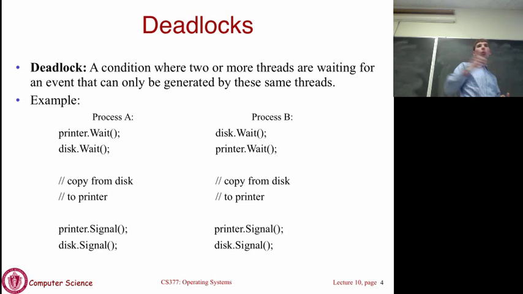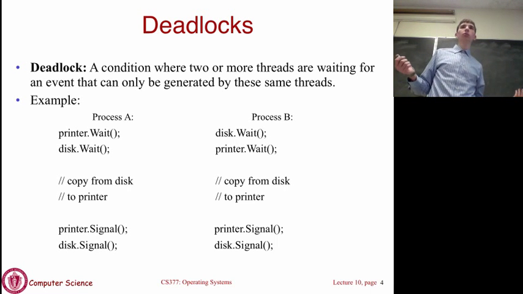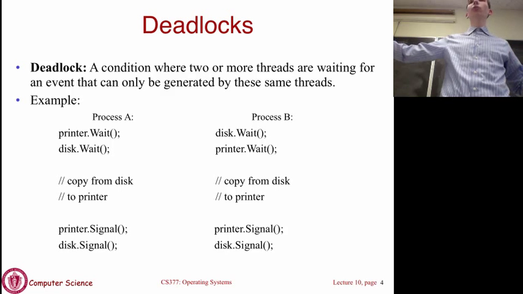So if you're always requesting resources in order, is a deadlock ever a possibility? Because if a deadlock was a possibility, what would that have meant if you have this order of resources?